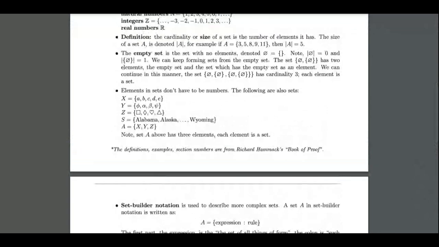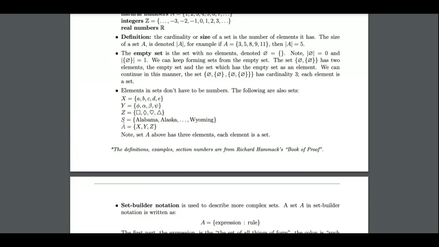I was talking about set A. The size of set A is 3: X, Y, Z. But the set X, which is A, B, C, D, E, has size 5. The set Y is also 5. The set Z is 4. So the idea of sets sometimes could be confusing, but make sure we just follow the definition.